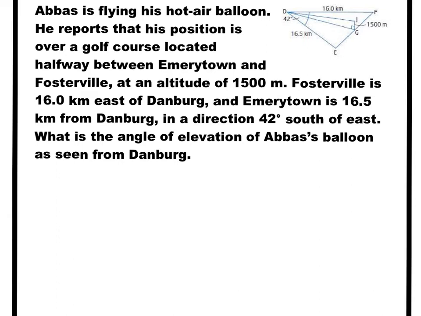So I'm going to start writing EF squared is 16 squared plus 16.5 squared minus 2 times 16 times 16.5 times cos of the angle between them, which is 42 degrees.